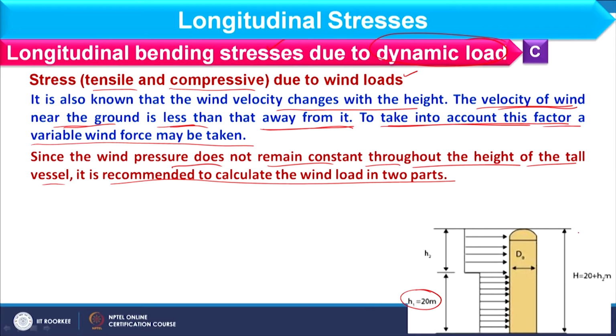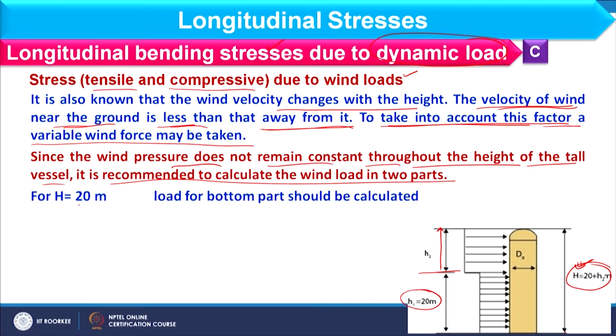You can see total height of the vessel is 20 plus h2 meter, and this height we count from the bottom, not the height of the shell, so it will include height of the support also. So, we can consider two parts in this vessel. First is up to 20 meter height and second is beyond 20 meter height.